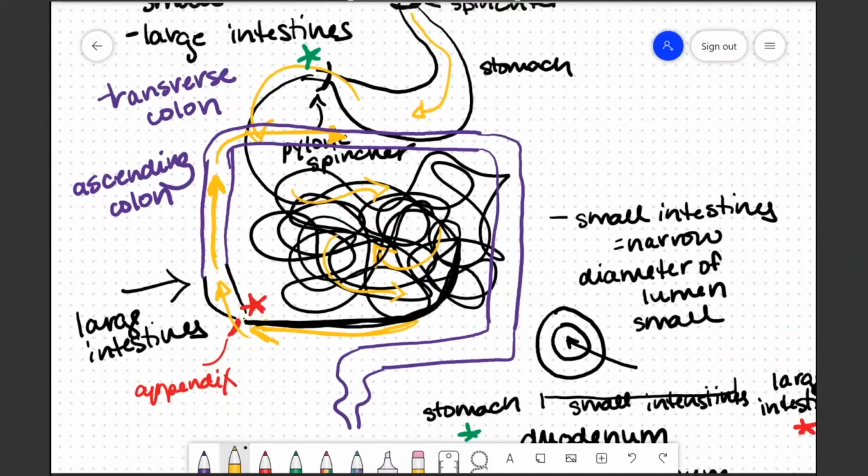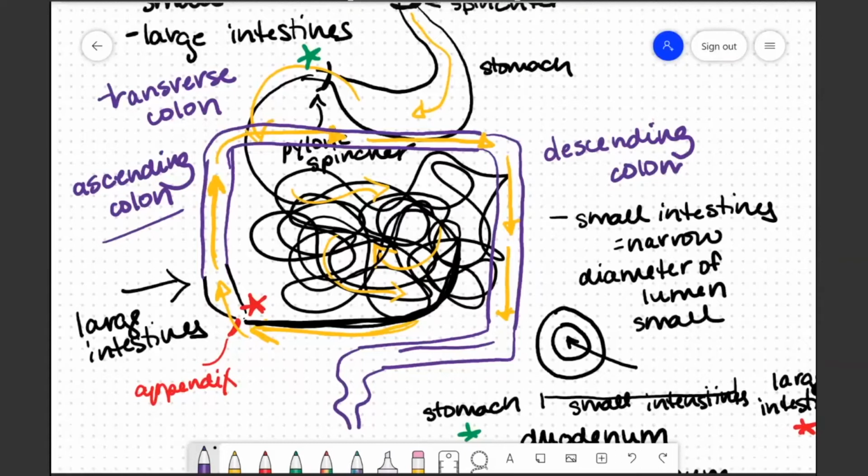Across, across, across. And then when we get to the other side, onto the left side, the stuff is going to now go down. So on this side, it was called ascending colon. On this side, it will be called descending colon because it's going down. And then as this stuff comes down, it will continue down the tube and keep going.